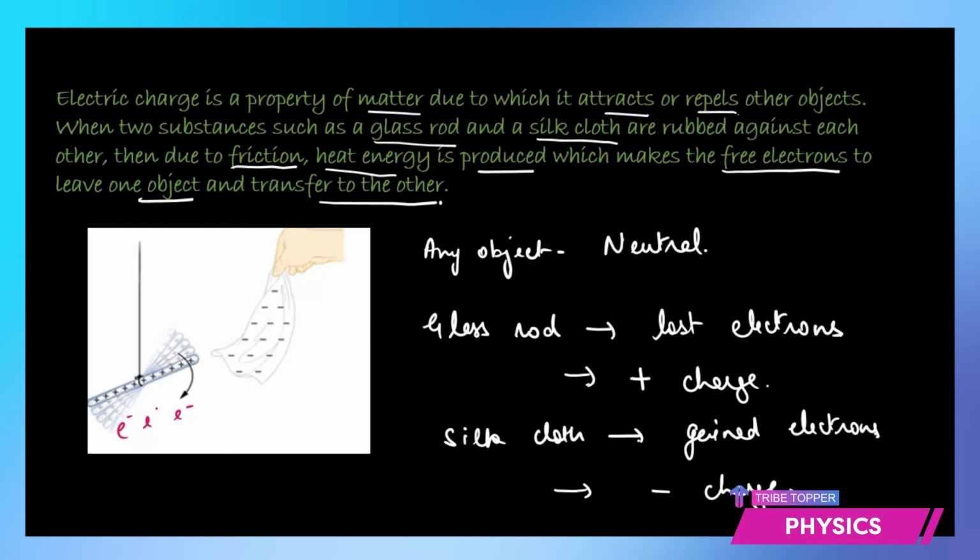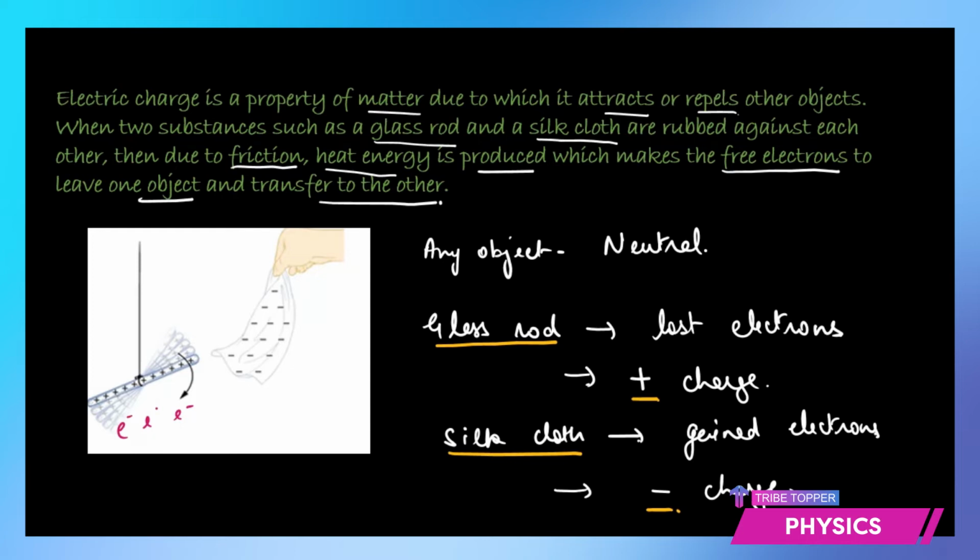So your glass rod has acquired a positive charge and the silk cloth has acquired a negative charge because of the transfer of electrons. So charge here has been induced due to the transfer of electrons from one object to the other, which has been made possible due to the heat energy produced by friction on rubbing.